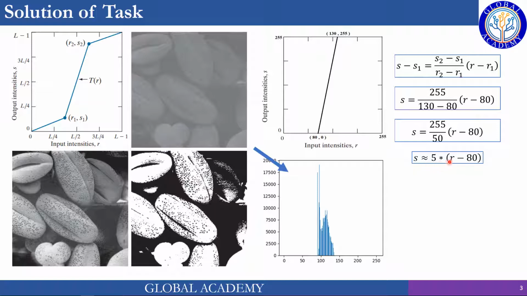So this is a very simplified transformation with no fractional values.